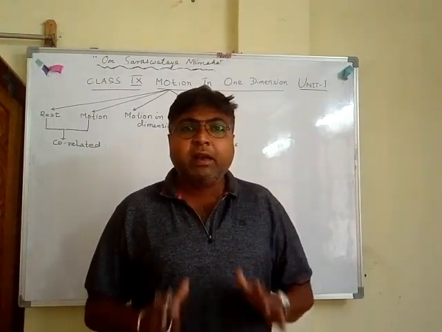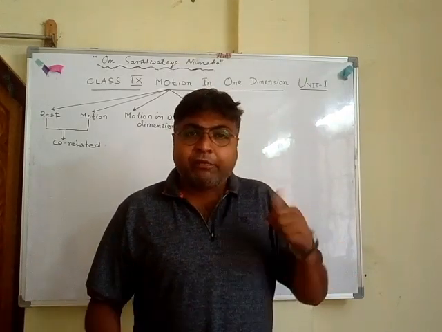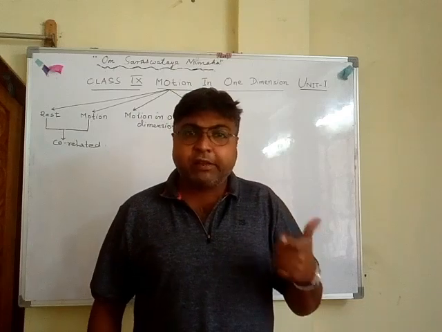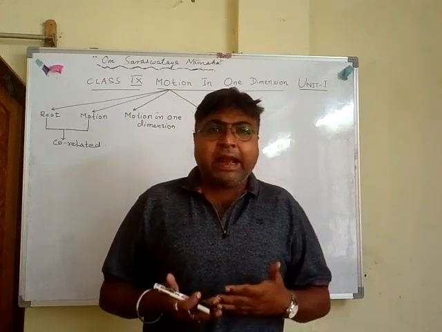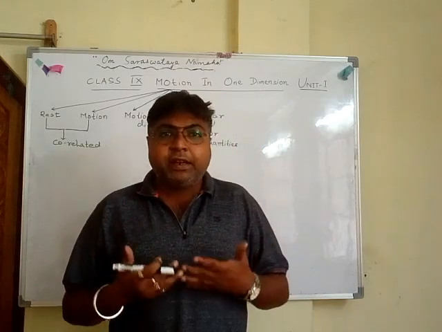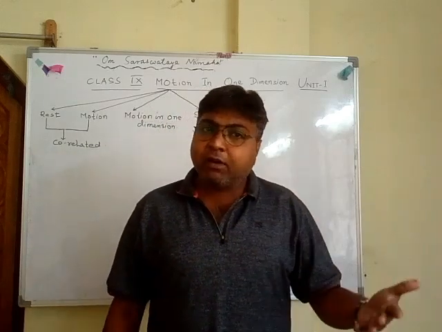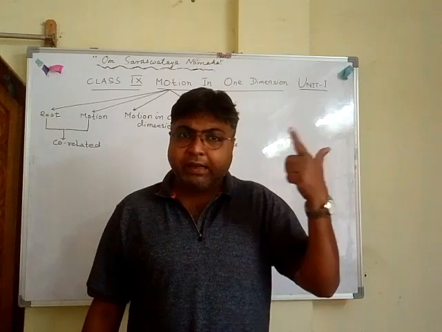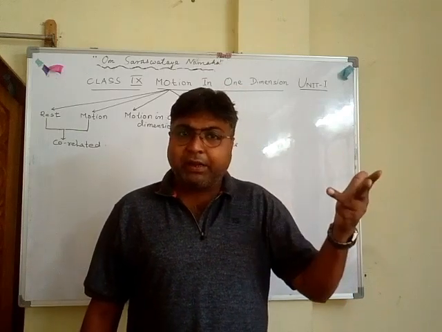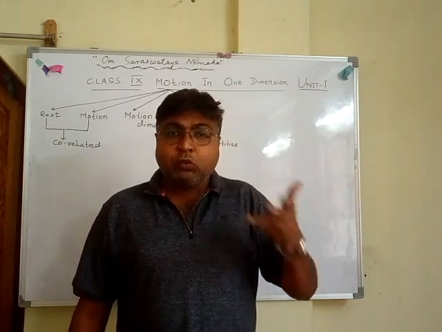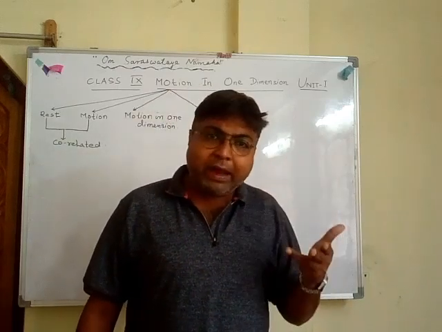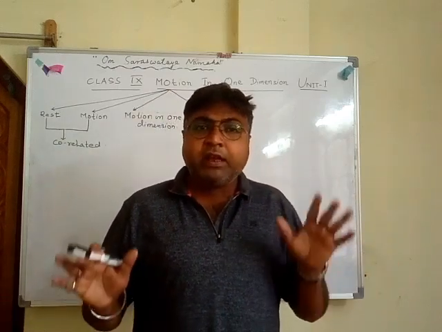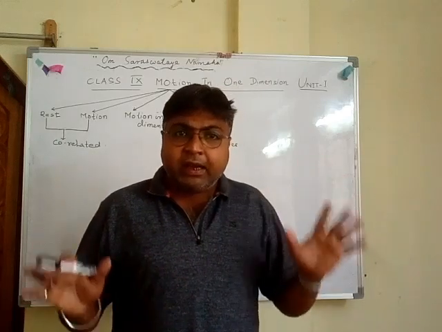You simply say 5 kg, where 5 is the magnitude and kg is the unit. So whenever any physical quantity is accompanied with only magnitude and unit, we say it is a scalar quantity. Examples: mass, length, time, temperature and so on.